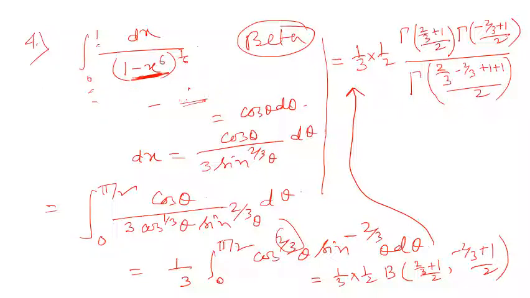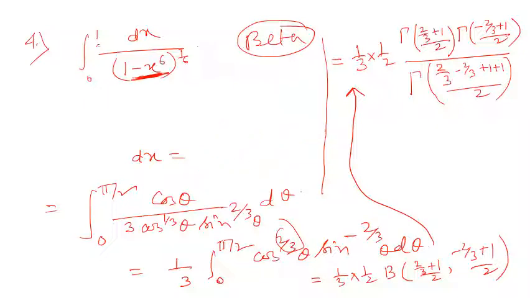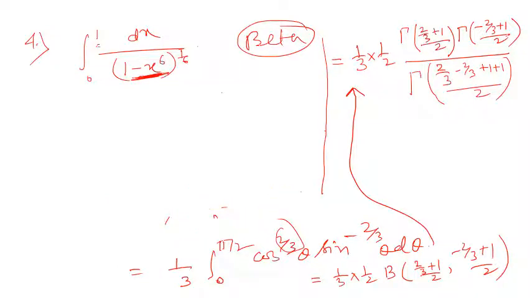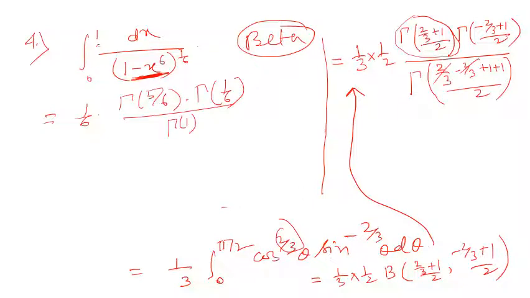Now I am calculating this portion. So here 1 by 6, and this portion will be gamma 5 by 6 and the next portion gamma 1 by 6, and the lower portion will be, just cancel out this, gamma of 1, right?